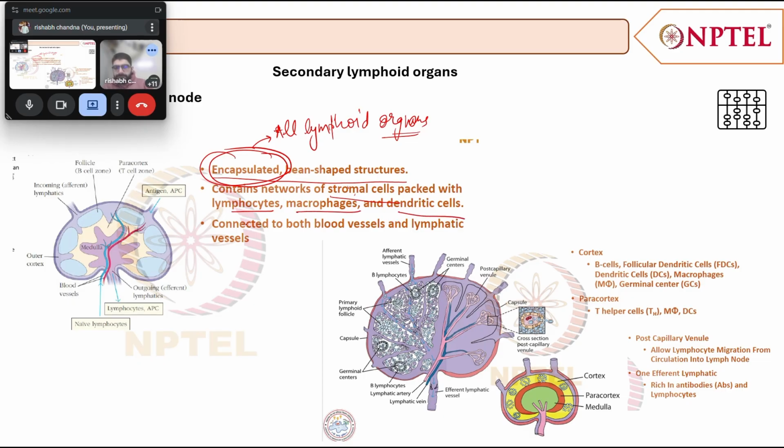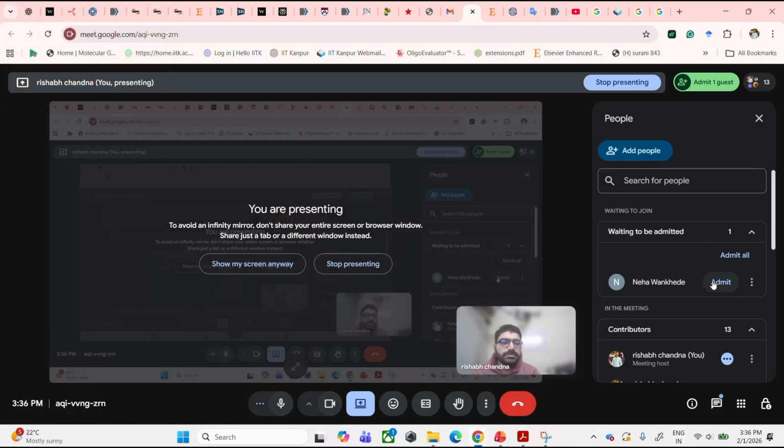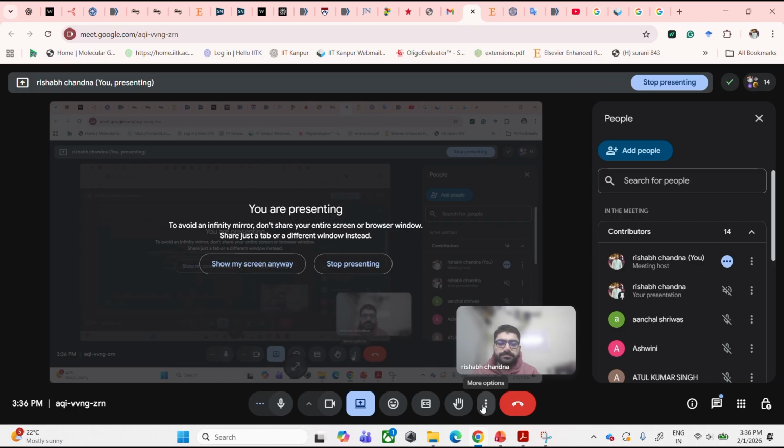Okay, then these are connected to both blood vessels and lymphatic vessels. So these help in carrying all the blood-related pathogens and the immune cells to different parts of the body.